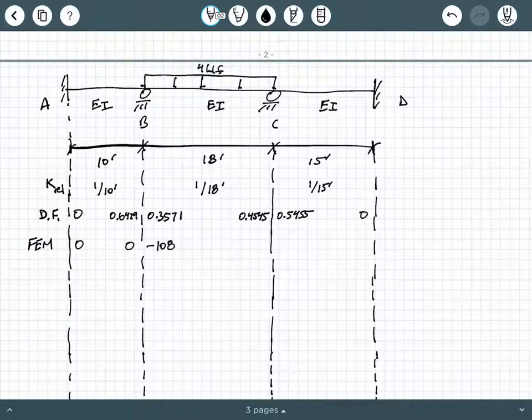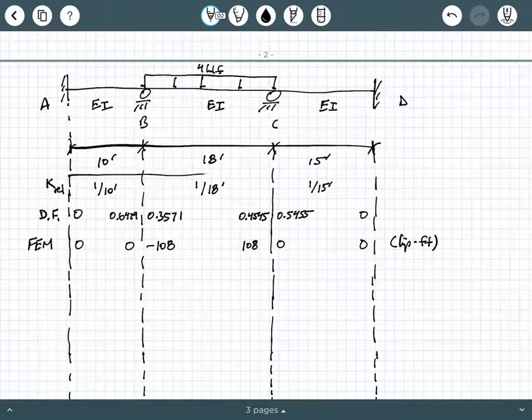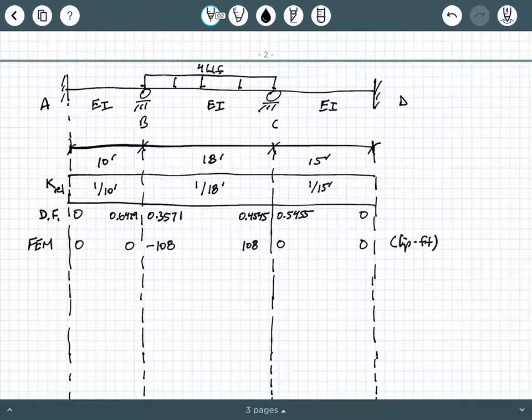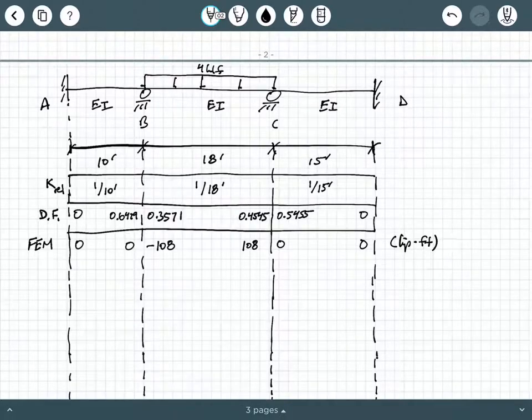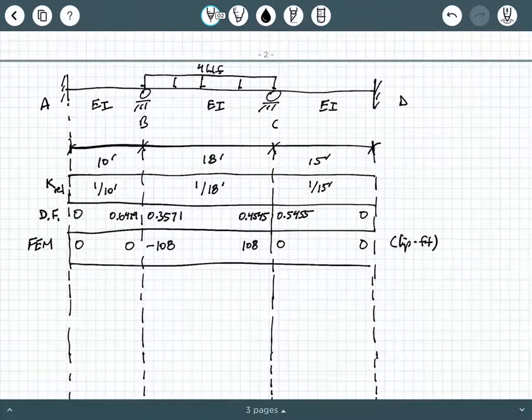And so we have 0 and 0. We have negative 108 and positive 108, and then 0 and 0. And out here I can put my units are kip feet. Okay, so this is what we have so far. If you want, you can put some horizontal lines here to shape up this table.